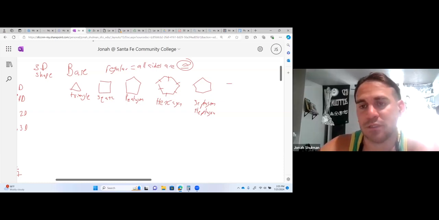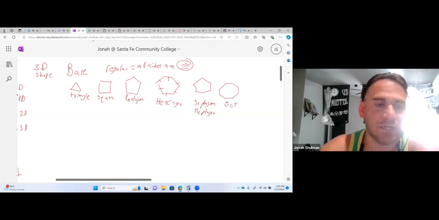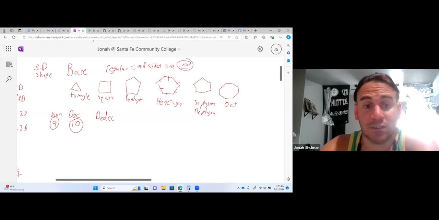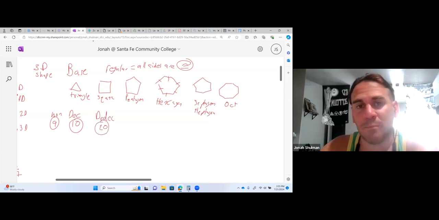And then we've got the octagon, which looks like a stop sign. And we have a decagon, which dec is 10, non is 9. And we'll learn more, like dodecagon is 20.